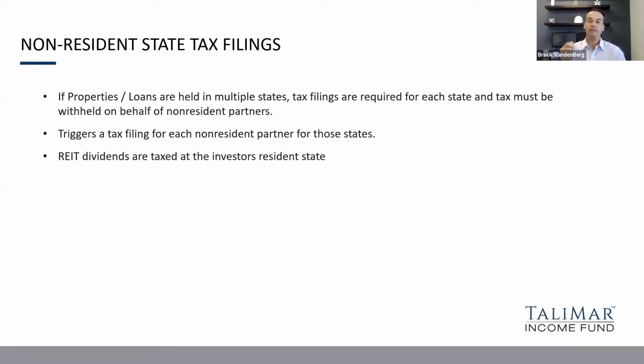So if, for example, you're in the state of Arizona or Nevada where there's no income tax, you have a withholding requirement for any income generated from loans in the state of California. And that becomes problematic for investors who are not aware of it when they invest in a mortgage fund.